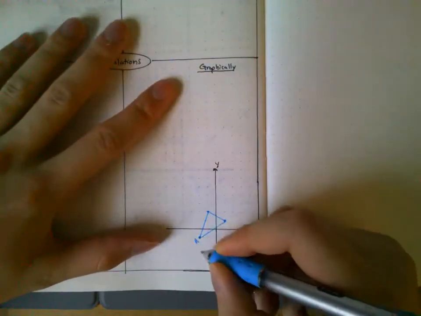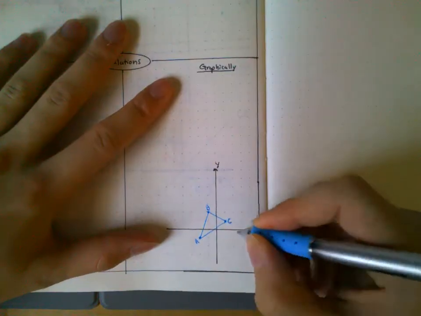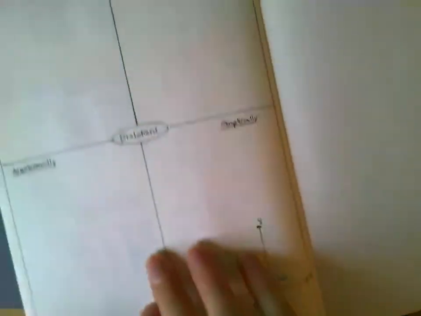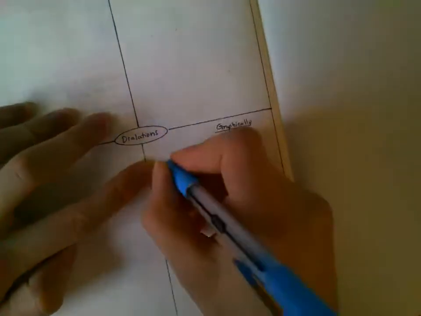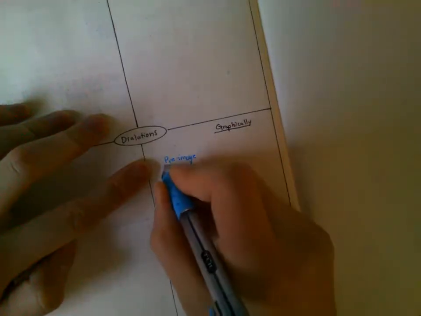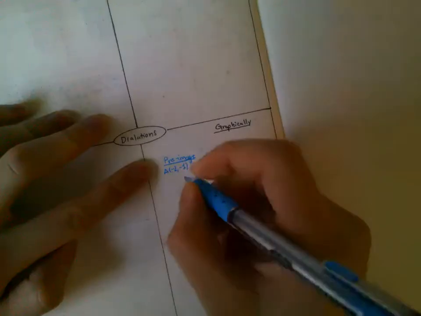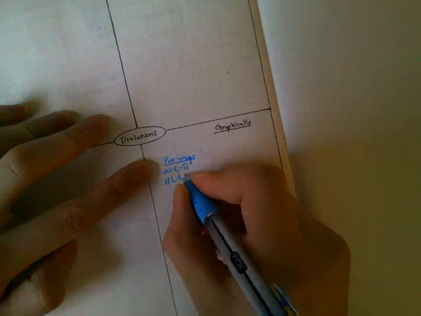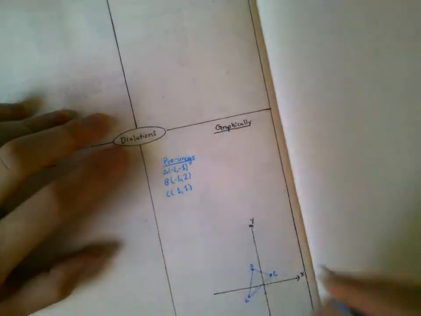So we have A, B, and C. Our pre-image is A at -2, -1, B at -1, 2, and C at 1, 1.